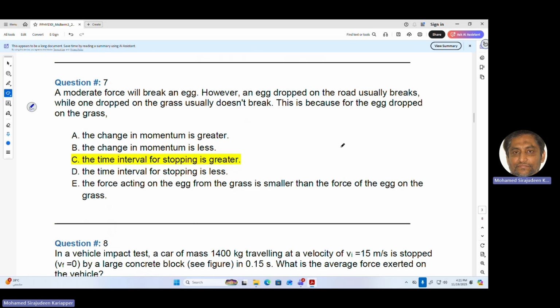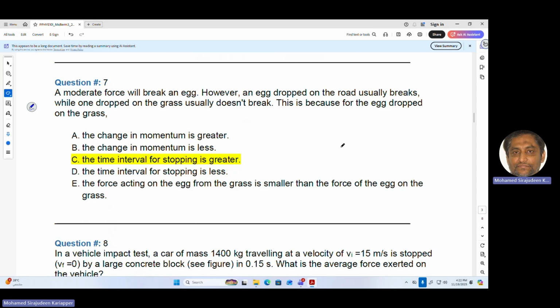And you know, usually the one dropped on a concrete floor or road breaks. The one dropped on grass usually doesn't break. Why? The force on them is different. When you drop it on a concrete road, a solid floor, the force is greater. But when you drop it on grass, a cushioned floor, the force is less.